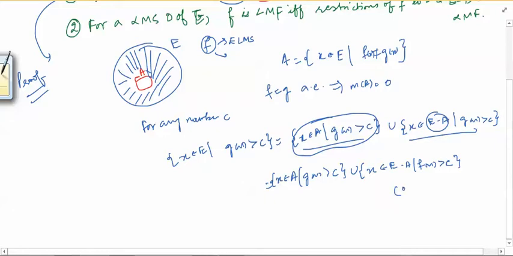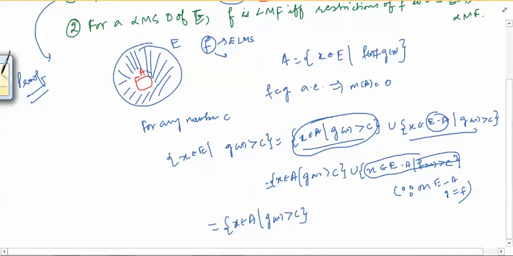This is because on E minus A, f is equal to g. Keep the first set as such. Now look at this quantity: I can write it as union with x belongs to E such that f of x is greater than C intersection with A, right?